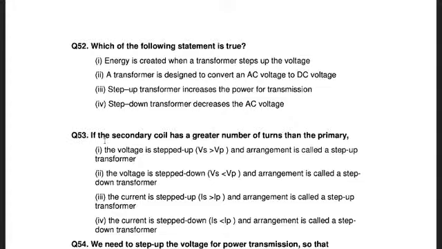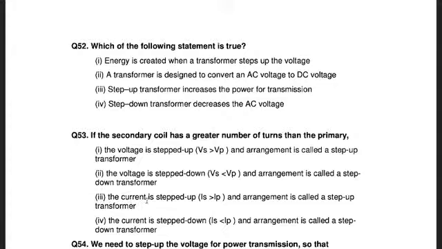Question number 53. If the secondary coil has a greater number of turns than the primary: option 1, the voltage is stepped up, Vs greater than Vp, and the arrangement is called a step up transformer. Option 2, the voltage is stepped down, Vs is less than Vp, and the arrangement is called a step down transformer.